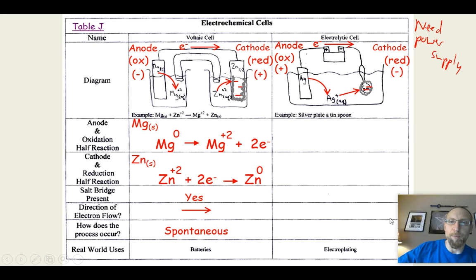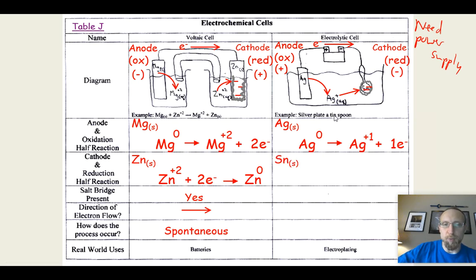So now back over to here. Who's the anode? Ag, solid, right? It's your electrode. It's a solid object. So what's the oxidation that's taking place? Ag0 is becoming Ag plus 1 by losing one electron. Now, the next part, be careful. Who is the cathode? The cathode is the spoon, the tin, Sn. But who is getting reduced? Think about what you're coating that spoon with.